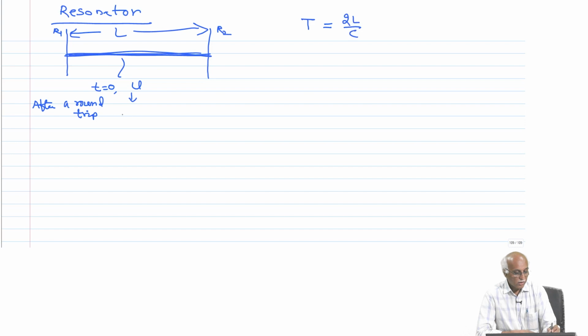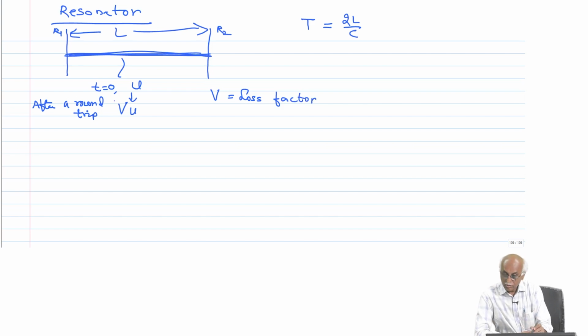After a round trip, let us say U will become VU. What is V? V is a loss factor, because of some loss, for example at the reflector ends. After one round trip, the energy density in this cavity is VU.